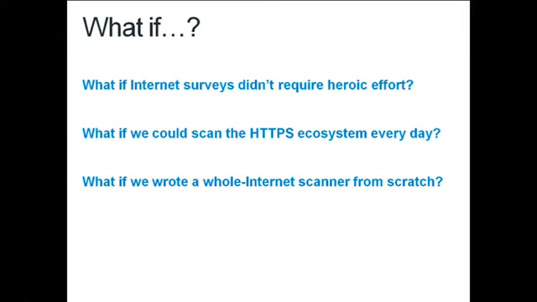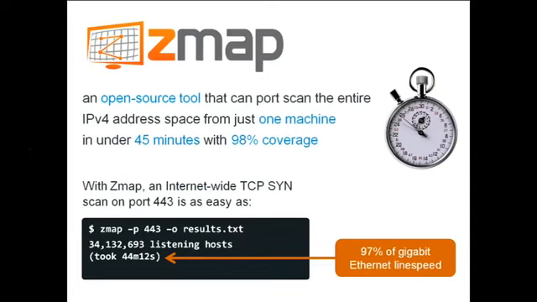So to answer these questions, we went and built that scanner, and we built a tool called ZMap that you can download right now. ZMap is an open source tool that will allow you to do a horizontal scan of the whole internet, so looking at one port across every routable IPv4 address from just one machine in about 45 minutes if you have enough upstream bandwidth, and to be able to see almost everything that you would see by using more precise and thorough methods.